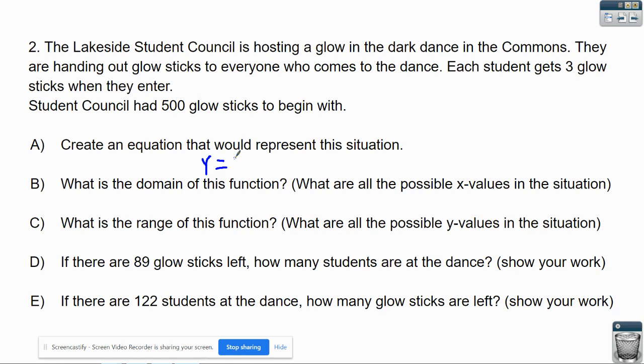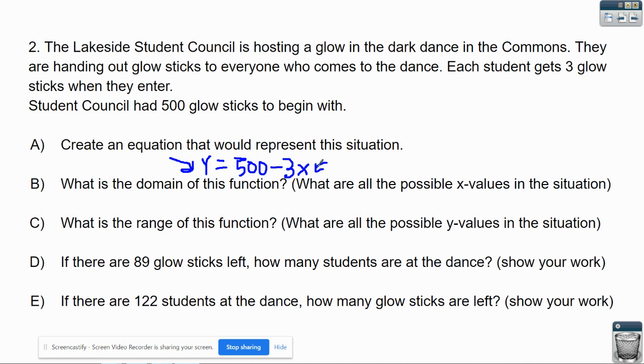So I think this is about glow sticks and people. How many glow sticks do I have to start? That's right, we have 500. And then I'm losing 3 for every person. Now in this case, I have to label X and Y always.